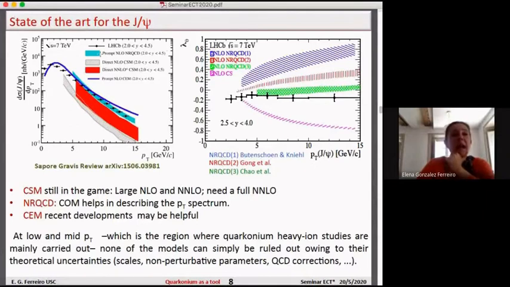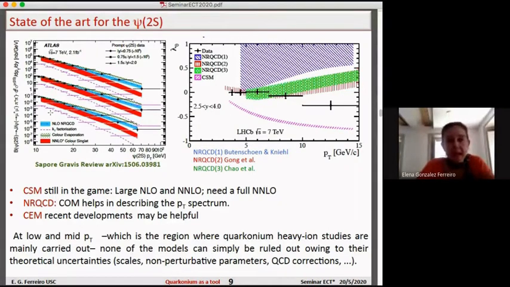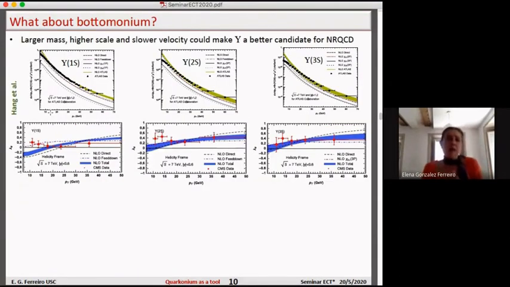But at low and mid pT, which is the region where quarkonium heavy-ion studies are mainly carried out, all of the models agree more or less with data. This is also the case for the excited state of the charmonium, the 2s, where again the three models that I mentioned before are still in the game, and in the low to mid pT region the three models can explain the data.